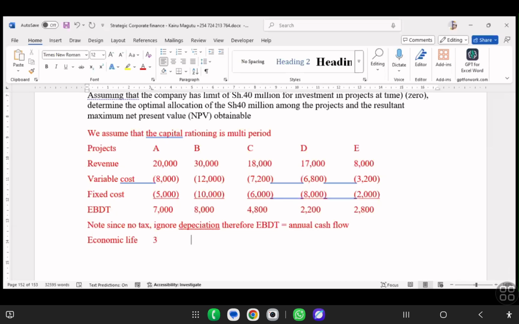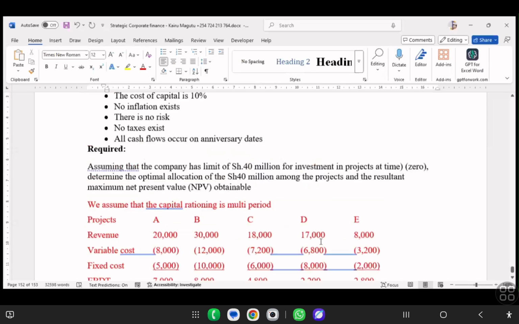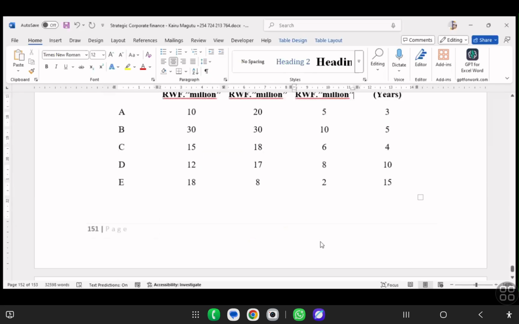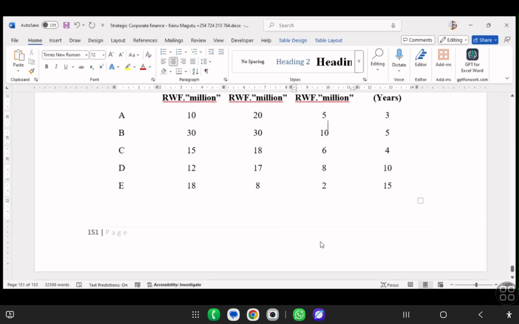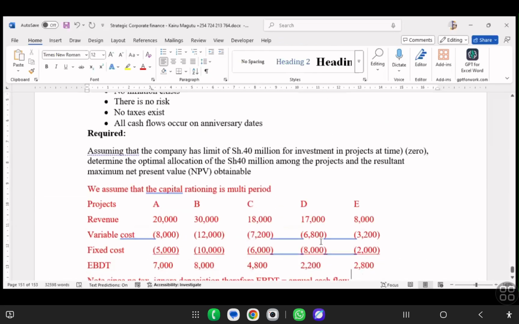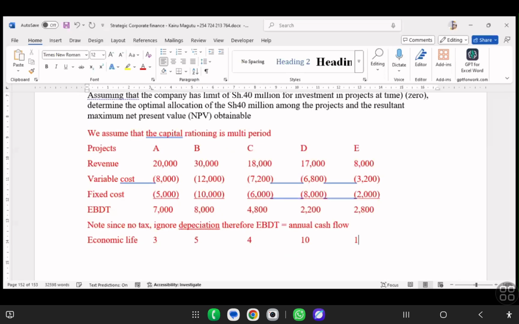So this one is 15. Here we have the annual cash flows. This is the economic life.